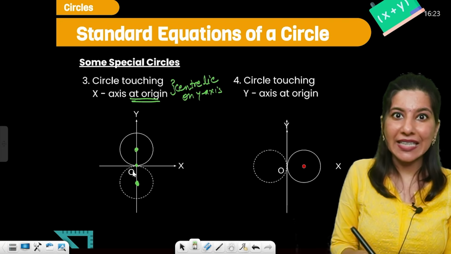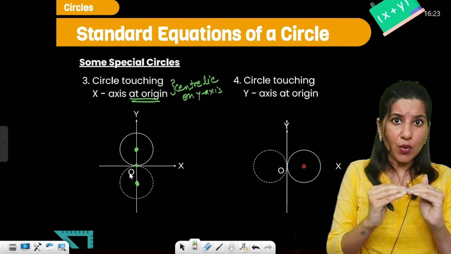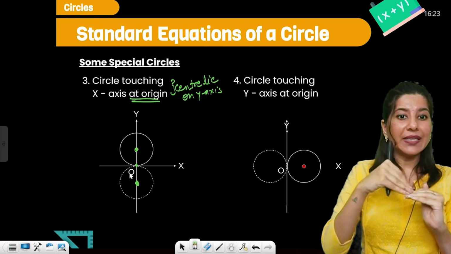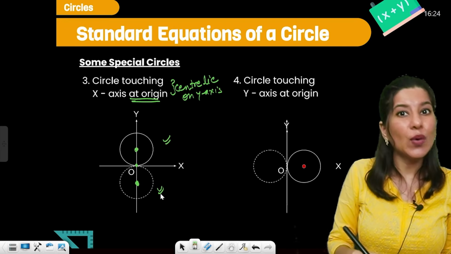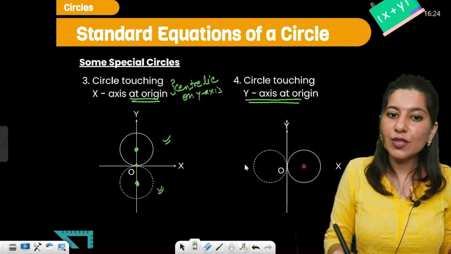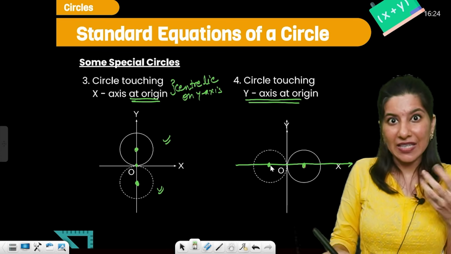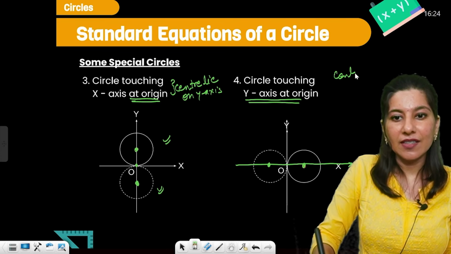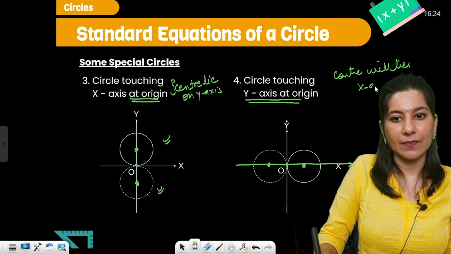Okay. So it can touch in two ways. So touching the origin, it can lie completely above the x-axis, right, like this, or it can lie below the x-axis as well. And same for a circle touching the y-axis at the origin. So now the center will lie on the x-axis this time.